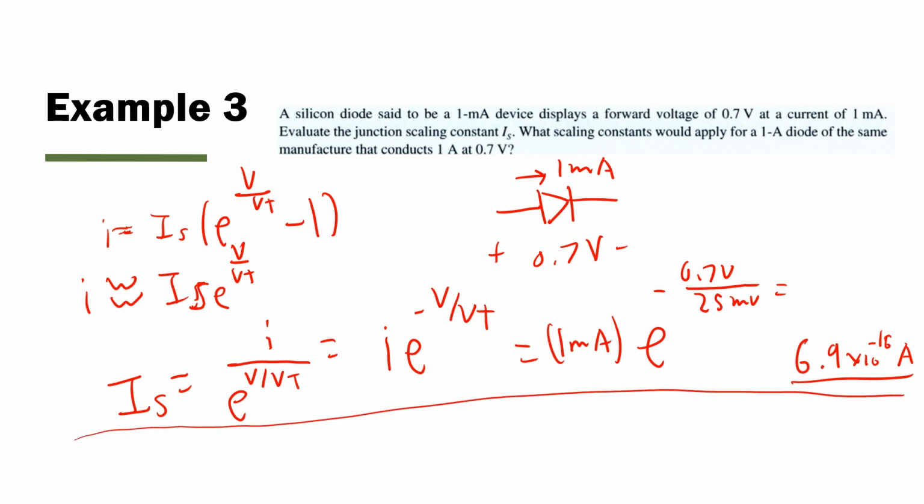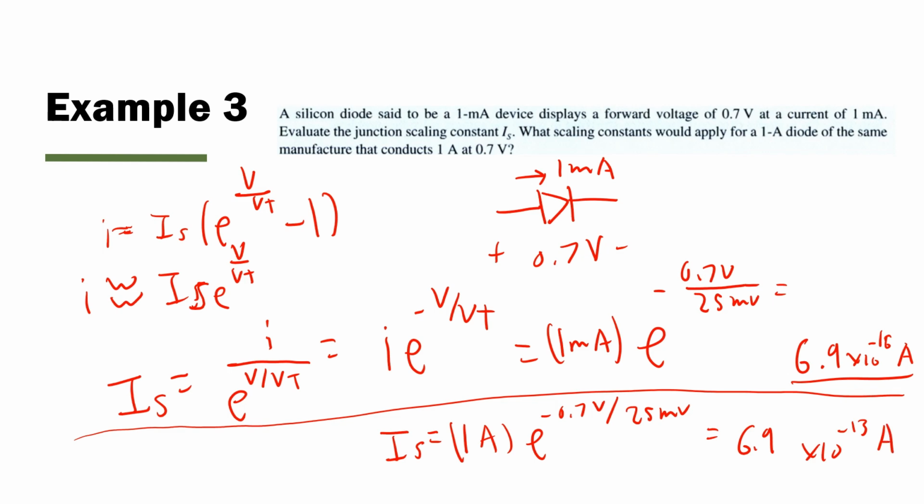And if we want to repeat this problem for a 1 amp diode, that would be Is is equal to 1 amp times e to the power of negative 0.7 volts divided by 25 millivolts. That is equal to 6.9 times 10 to the negative 13 amps.